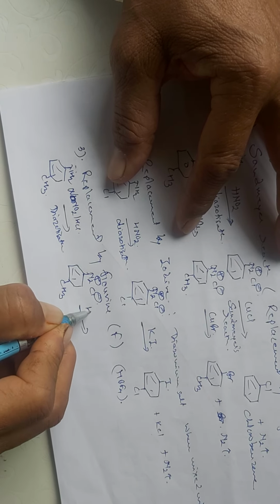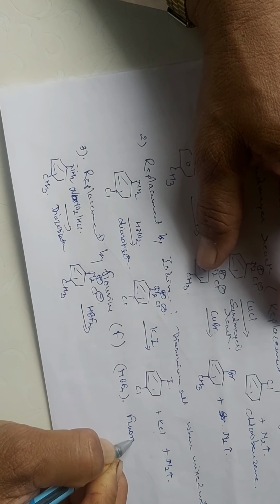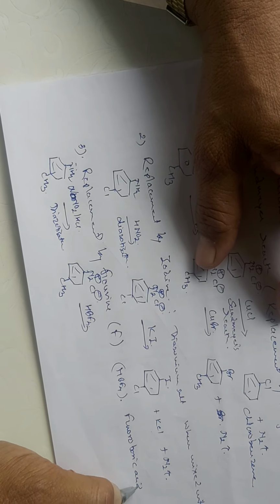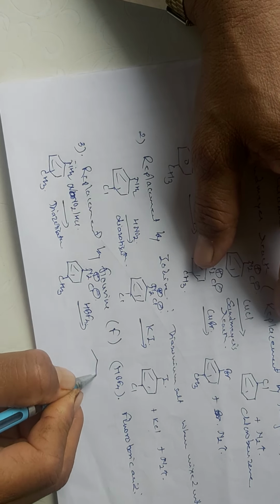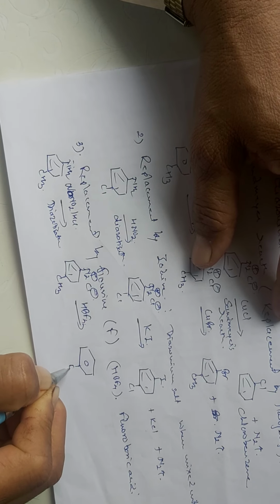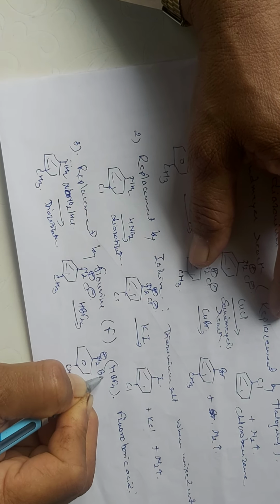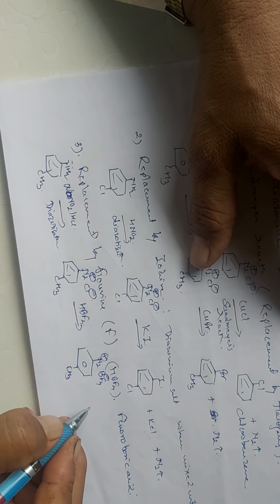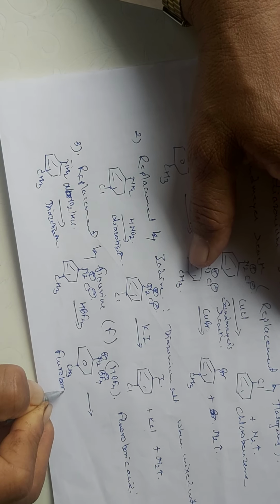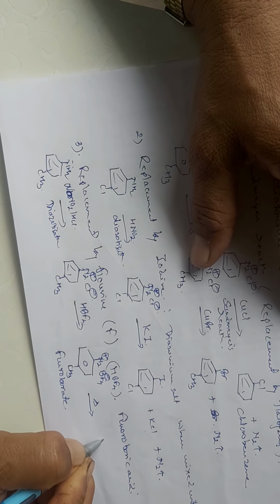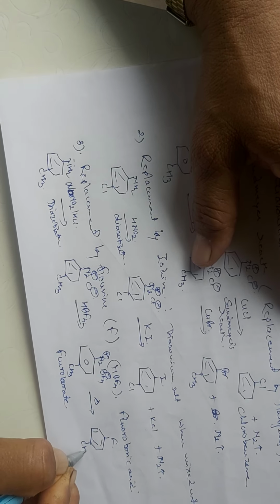And this diazonium salt on reaction with HBF4, that is fluoroboric acid, first of all forms fluoroborate, that is N2 plus BF4 minus, and this fluoroborate salt which is obtained, on heating gives you the fluorine substituted product.